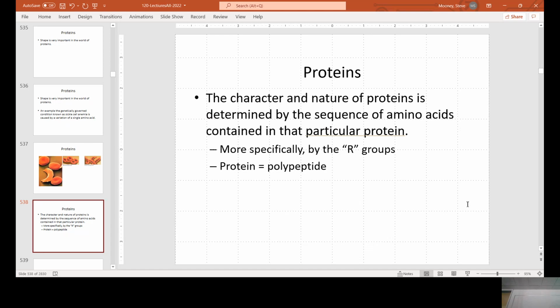One of the things you'll see out in the literature, protein is the synonym polypeptide. So a number of peptide bonds strung in a row makes up a protein, or we can call it a polypeptide. Everybody with me so far? Make sense?